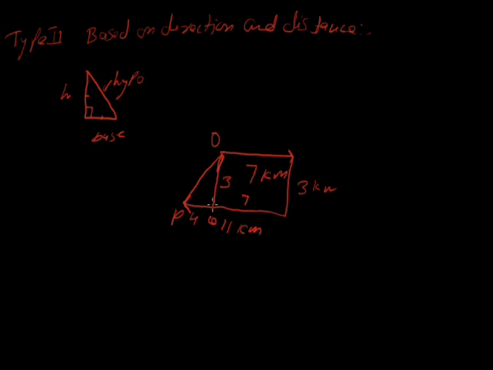So perpendicular is 3, base is 4, so the hypotenuse of this triangle is 5. So the distance of the final point from the initial point is 5 kilometers. So OP is equal to 5 kilometers. This is the answer of the first question.